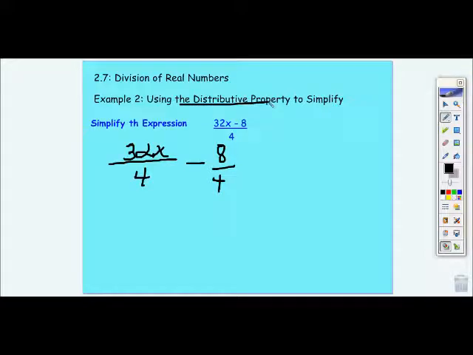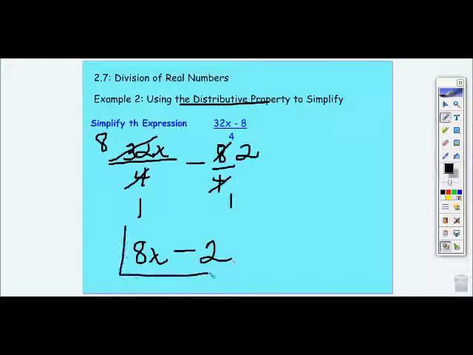Now I'm going to reduce both of these, and I'm going to find that 4 goes into 4 once, 4 goes into 32 8 times. So my new term there is 8x. I'm going to still have a negative, and 4 goes into 4 once, and 4 goes into 8 twice. So I have 2 over 1, which would be 8x minus 2.